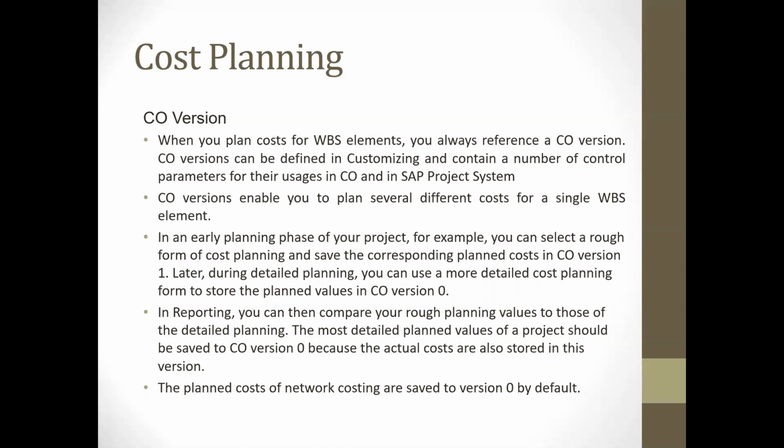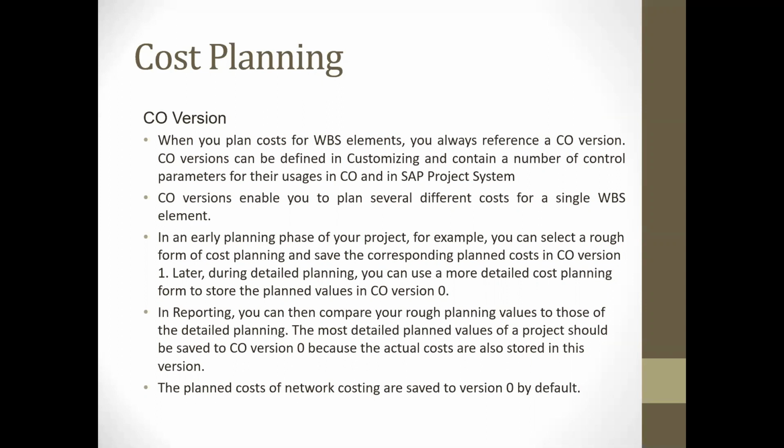During the detailed planning, you can use more detailed cost planning, which will store the plan values in controlling version 0. Normally, version 0 is utilized to compare plan and actual costs.